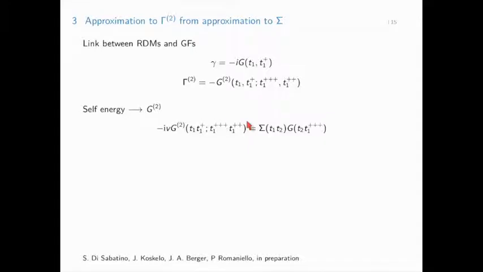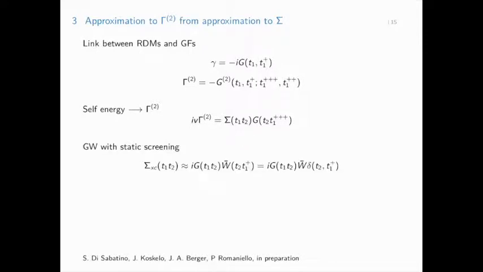We have to take the equal time limit on both sides with the proper time ordering in such a way that on the left we obtain the two-body reduced density matrix, which is now expressed in terms of the self-energy. Then we introduce an approximation for the self-energy. In our case, we choose the GW approximation with a static screening, so the screened exchange approximation. This is the expression for the exchange correlation part of sigma in terms of this static W bar, this static interaction.